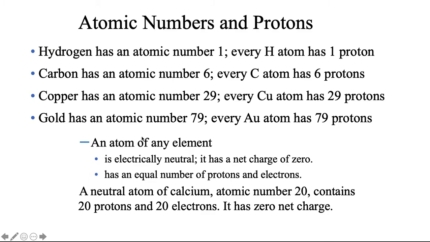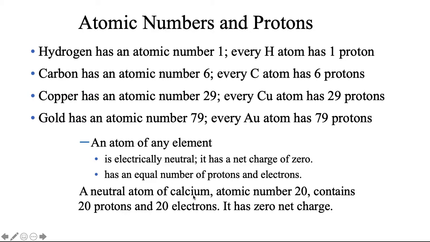An atom of any element, we just mentioned this, is electrically neutral. It doesn't have a charge, meaning it has an equal number of protons and electrons, because if you have a positive charge that is equal in magnitude to a negative charge, the sum of these two will be 0, so it has a net charge of 0. Any atom of any element.